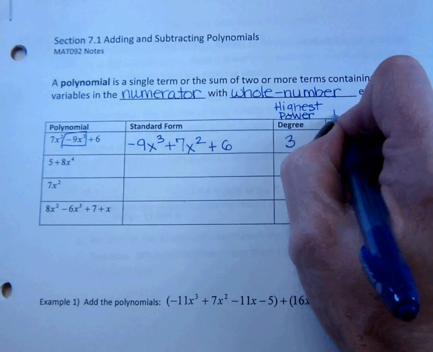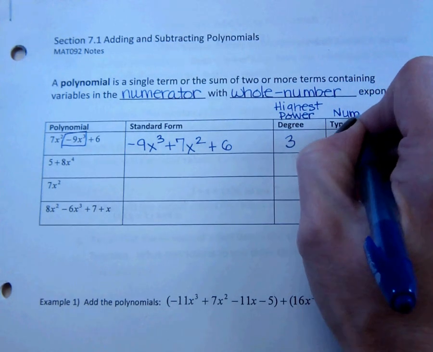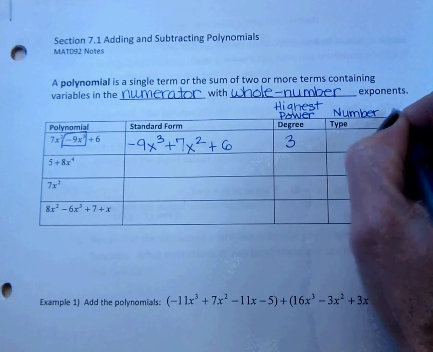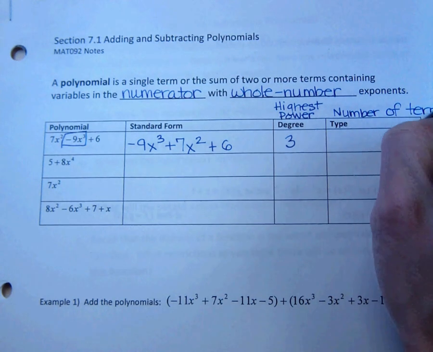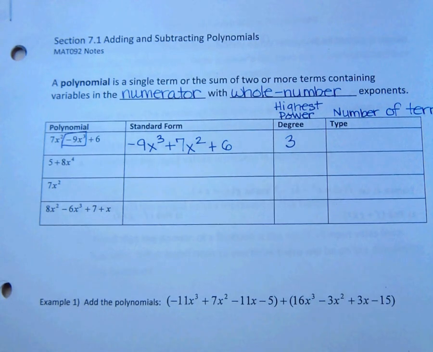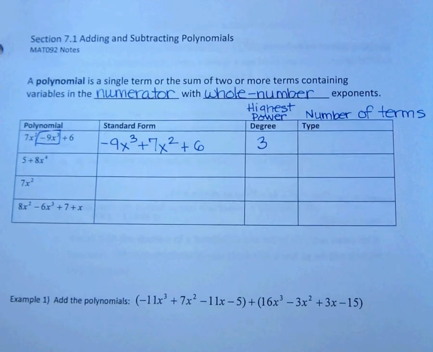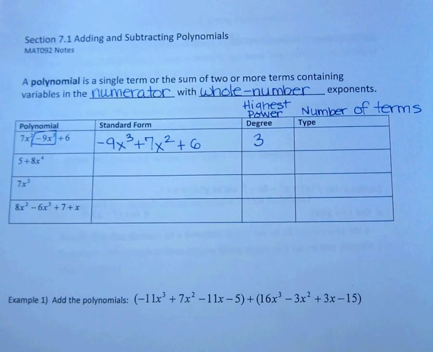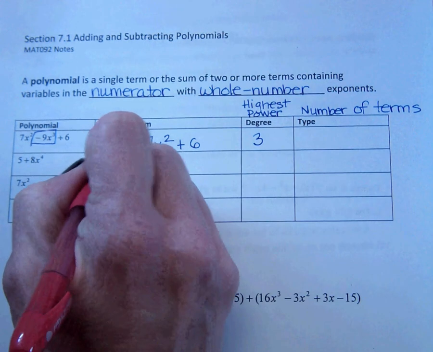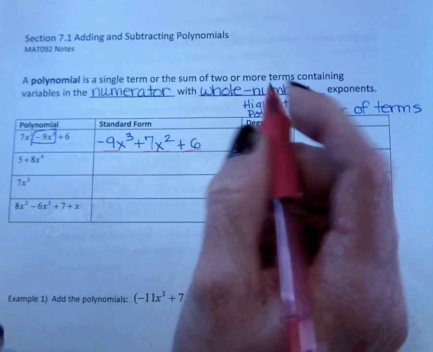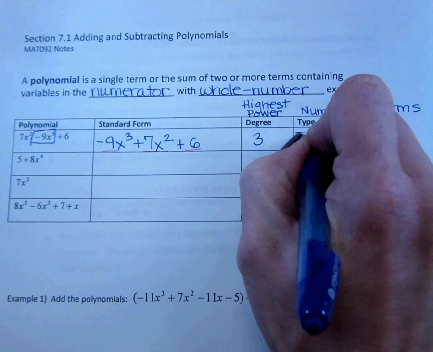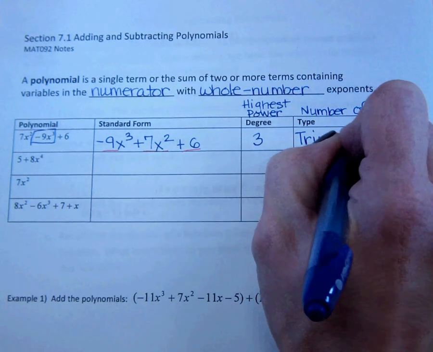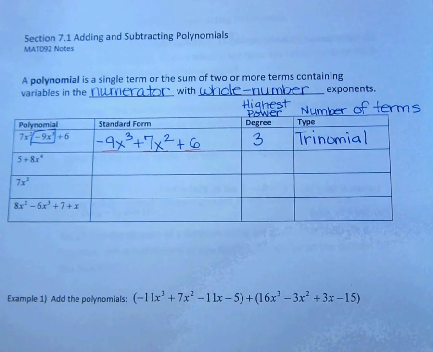Now, when it says type, that refers to the number of terms in the polynomial. This polynomial has 3 terms, 1, 2, 3. So this is called a trinomial, tri being the prefix for 3.